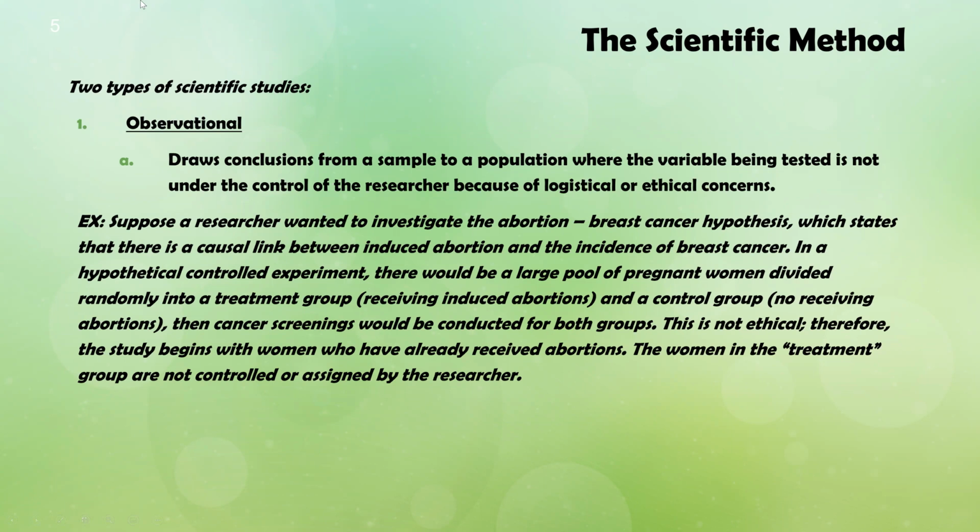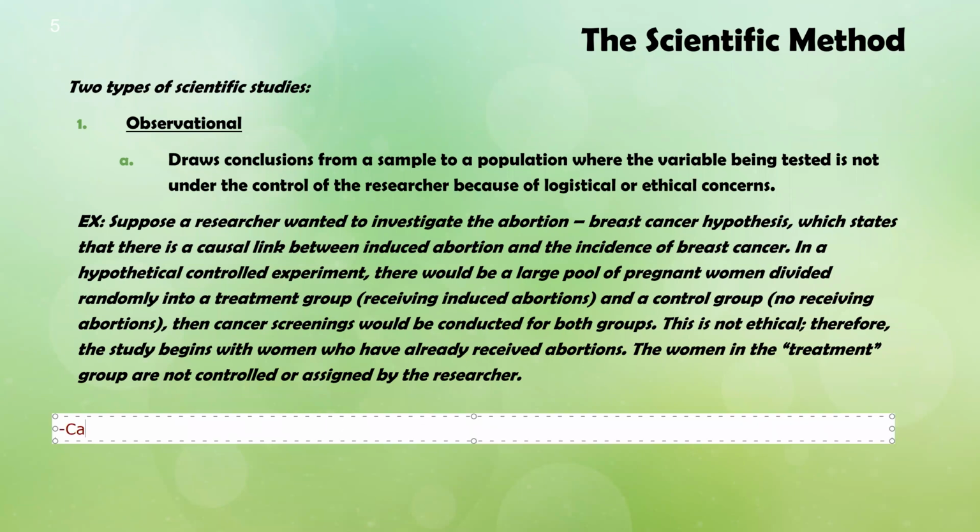So let me write that down for you. So you cannot assign your experimental subjects, which could be humans, animals, whatever, just depends on what you're studying, to different groups.